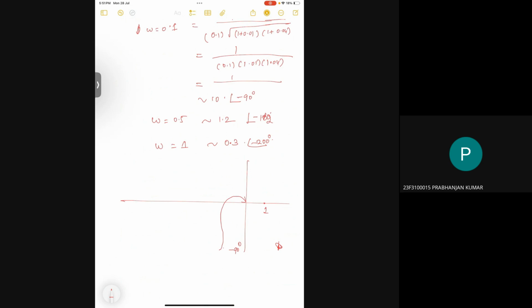Right? This is the Nyquist plot of the system we found so far.